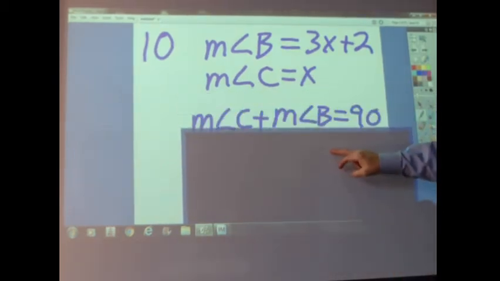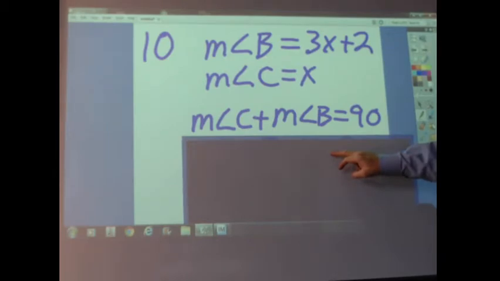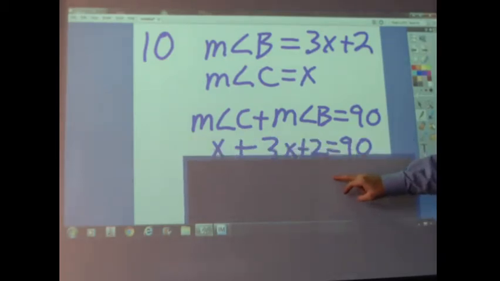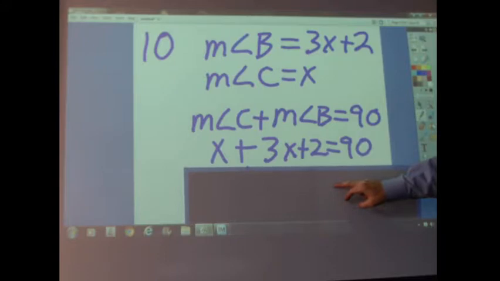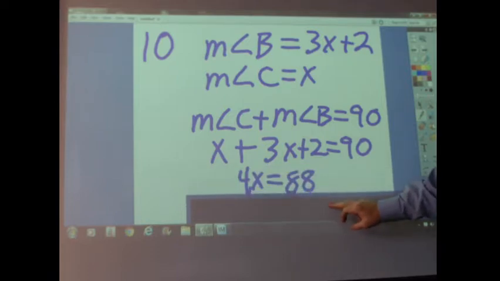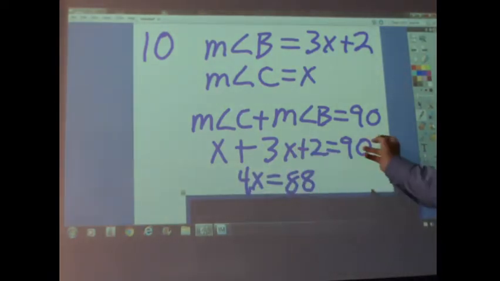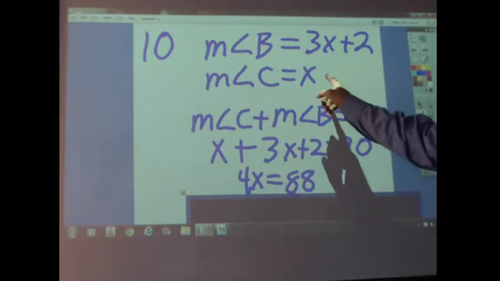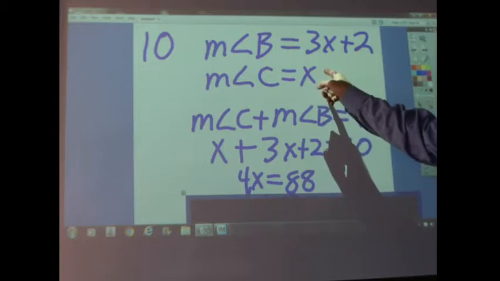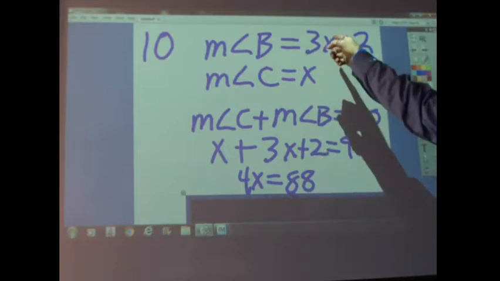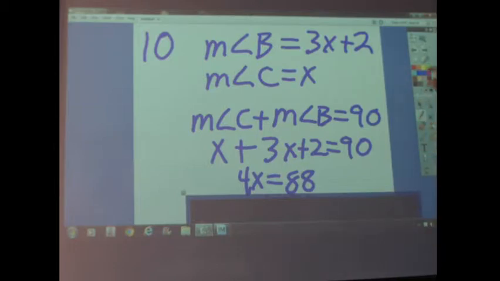So if the measure of angle C and the measure of angle B equal 90, then I plug those in. x plus 3x plus 2 equals 90, which becomes 4x plus 2 equals 90. Subtract 2, and solve from there. So now you know that x is equal to 22, so you know the measure of angle C. Now find B. And I think you guys collectively are doing well with that.